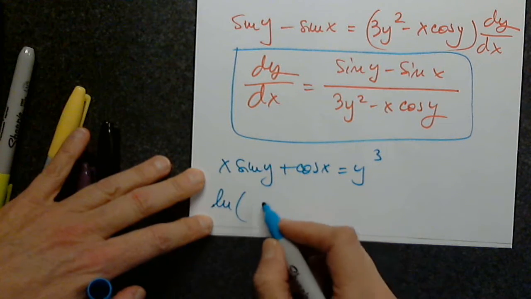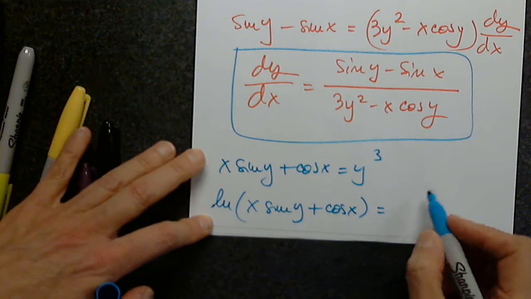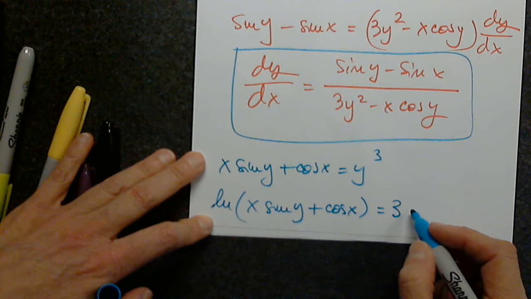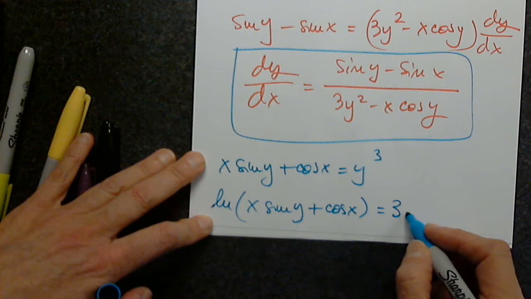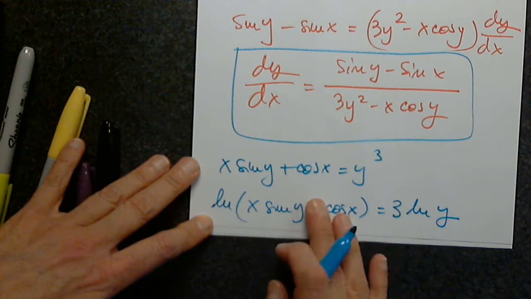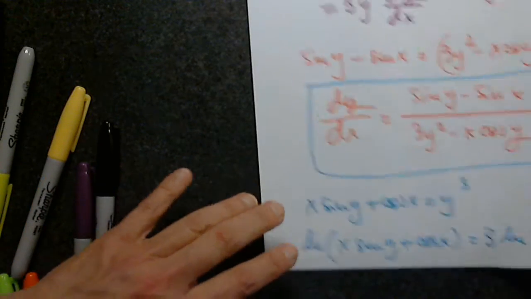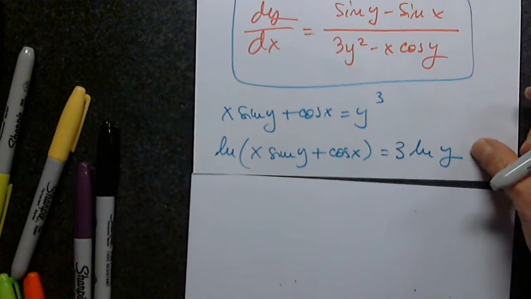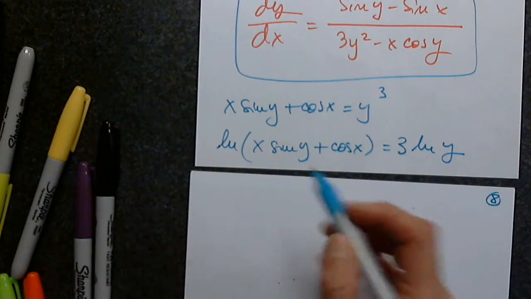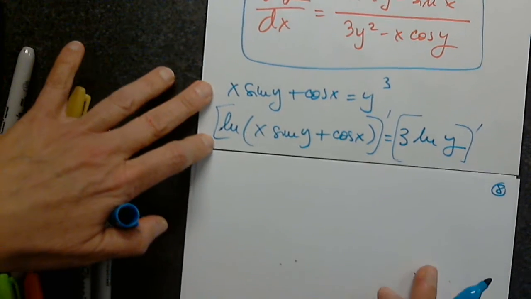So if we do that, x sine y plus cosine x equals, and I apply natural log to this side, I get 3 natural log y, right? So the natural log of the left-hand side is 3 natural log y, correct? Okay, so now, after I apply the totally new function, I want to differentiate, right? Right. So I'll differentiate this side, and I'll differentiate this side, and let's see what happens.